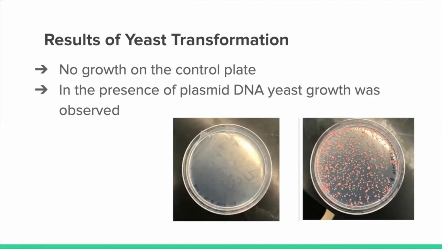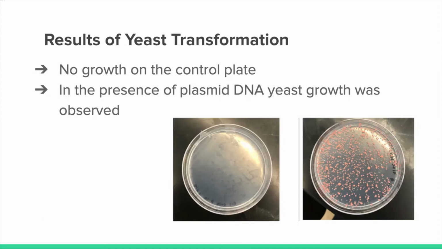Then on the left, in contrast, the control contains the untransformed yeast, like I've already said, and that was not able to produce its own histidine and other essential nutrients because it did not have the MSH2 plasmid nor the MSH2 gene due to its mutated state. And therefore growth could not occur.